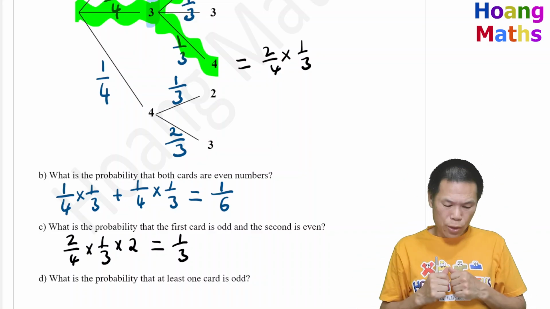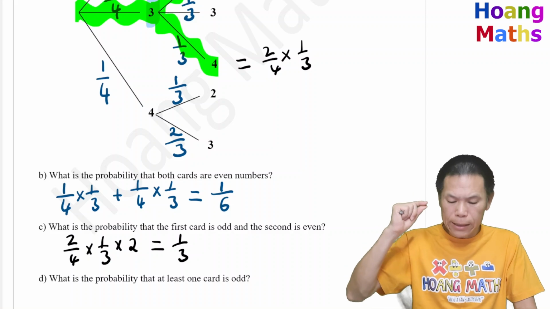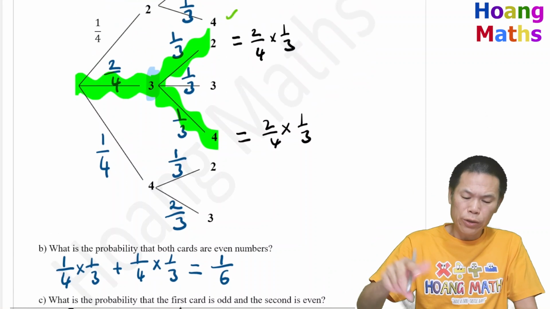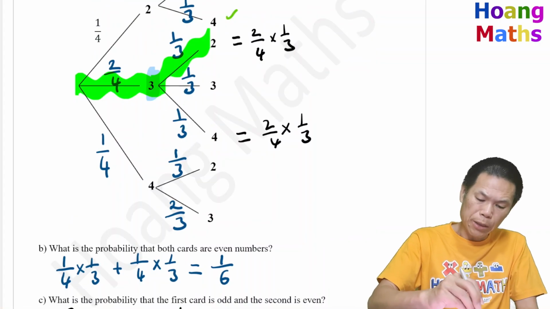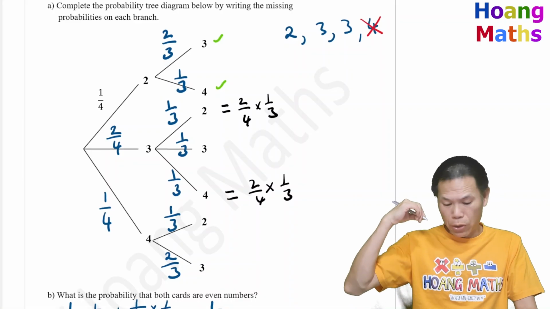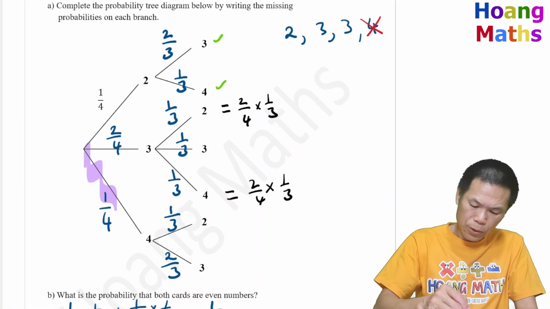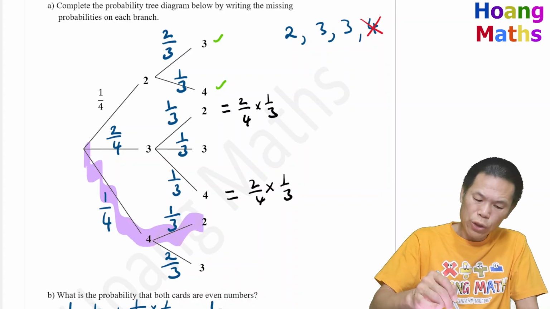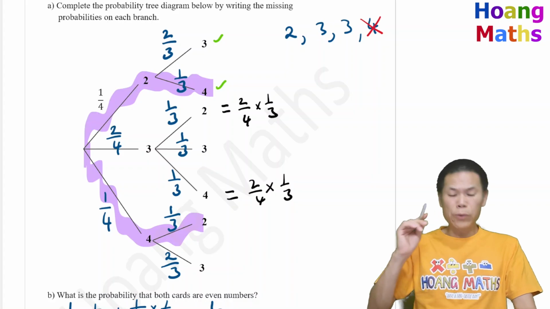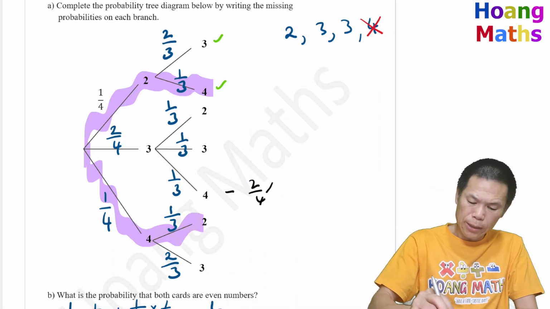So there you go. Part D. What is the probability that at least one card is odd? At least one card is odd. So we don't want two even numbers. Let me cross out the two even numbers, because at least one of them is odd. So we don't want this one, and we do not want this one. That's it. So we just go 1 minus these two probabilities out.